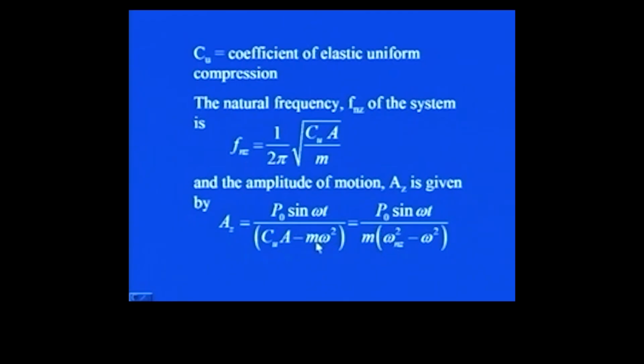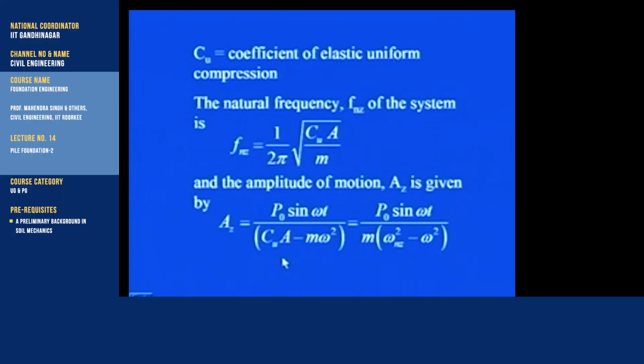Now, if I take this m common, this will become Cu A by m, and you can see that this Cu A by m becomes 4 pi square f n z square, and 2 pi into f n z is nothing but omega n z. So, once you take this m common out of the bracket, you get m into omega n z square minus omega square.